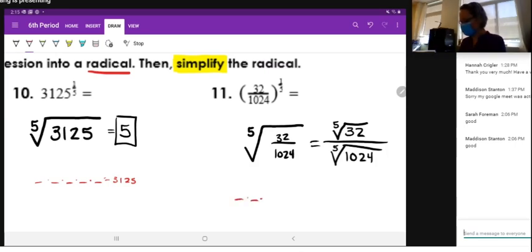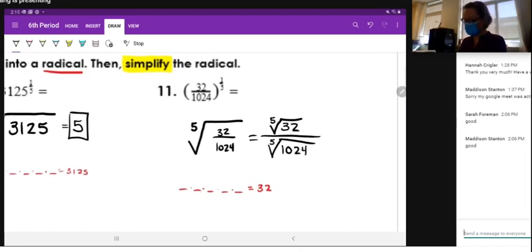We need something that multiplies to itself 5 times to equal 32. Any thoughts? 2. 2 times 2 times 2 times 2 times 2 gives us 32. So the top becomes 2. What about the bottom? We need the 5th root of 1024.